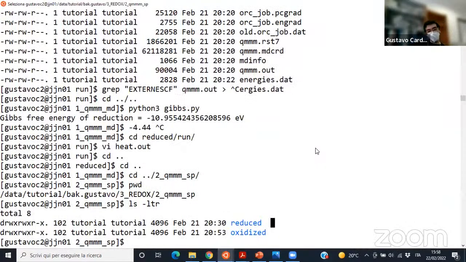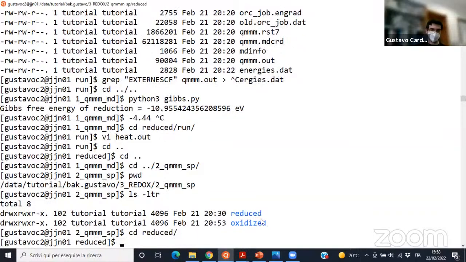Okay, so let's. It really isn't going to change anything if we do either of them, so for the sake of simplicity, let's do the reducing. In the end, our goal is to generate another energies.dat file. So let's go to the reduced part.